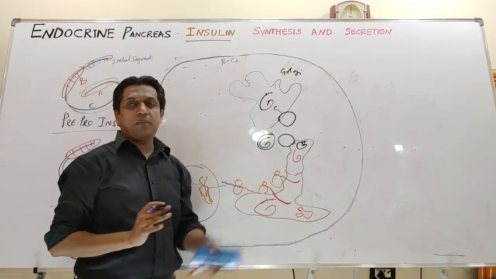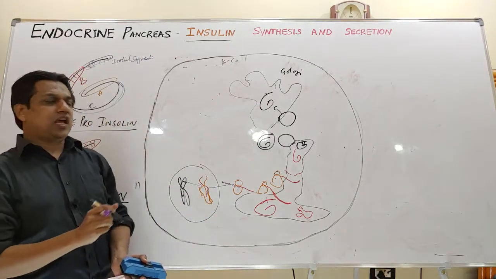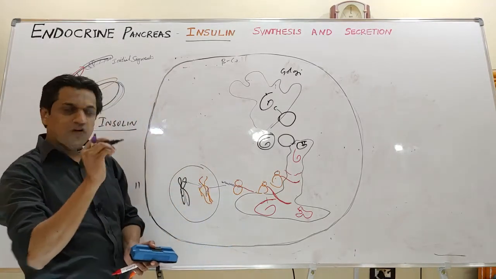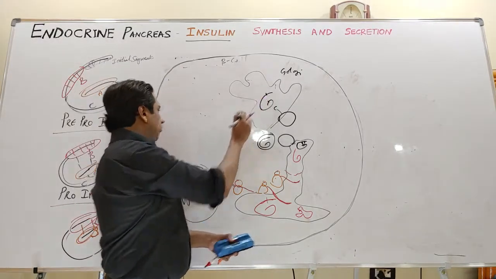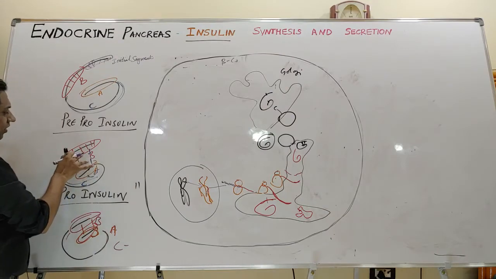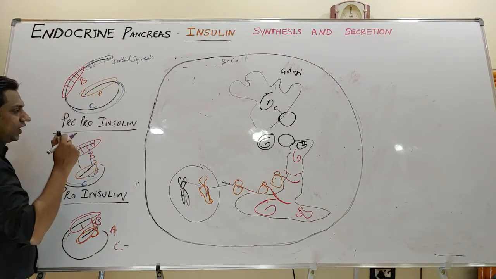In the Golgi apparatus, there is one more enzyme, again an endopeptidase. Again it will break the A chain, B chain insulin molecule away from the connecting peptide.